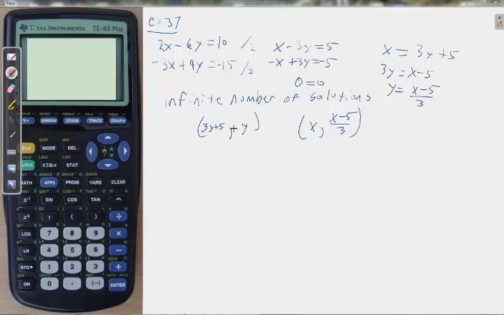The way I do that is I just find a point and plug it in and see if it works. So if y is 0, x should be 5. Unless you just really screwed up, this should work out just fine, because you only have one equation. So 2 times 5 is 10, negative 3 times 5 is indeed negative 15.